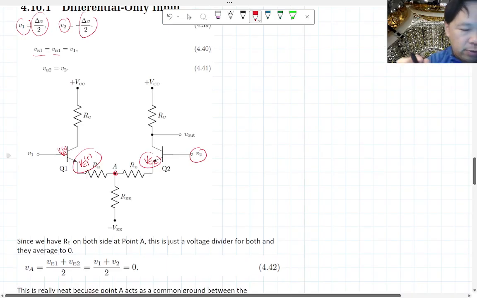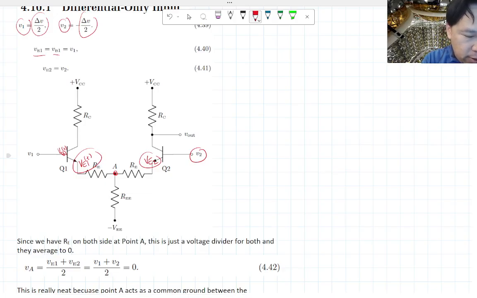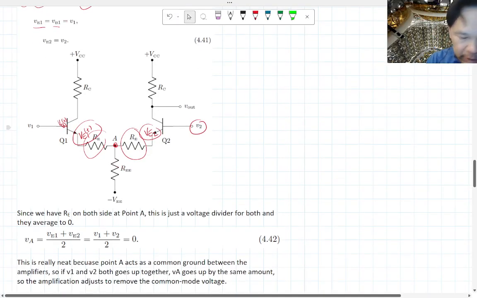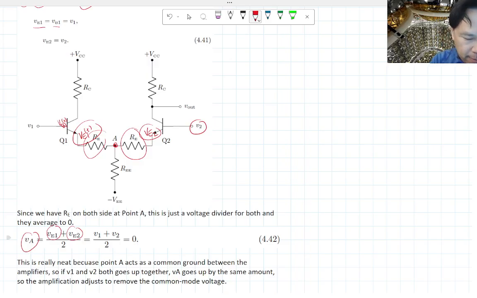What's neat about this is that this point A here used to just tie to ground. In this case, what used to be ground becomes a voltage divider between the two emitter resistors. If we make these emitter resistors the same on the two sides, the voltage at A is just going to be the average between the two emitter voltages.